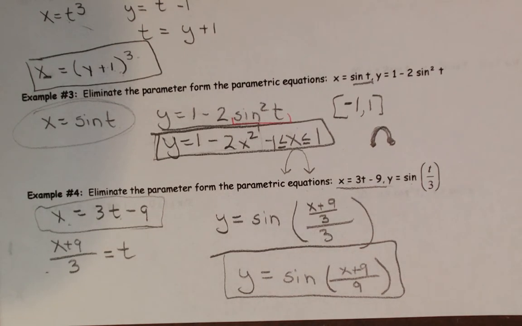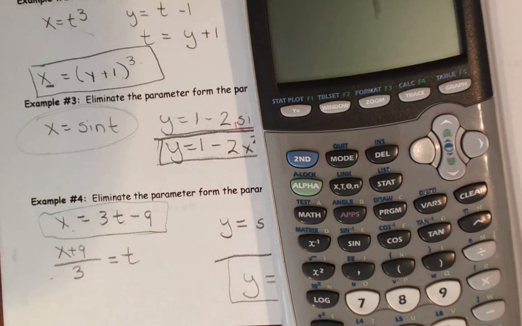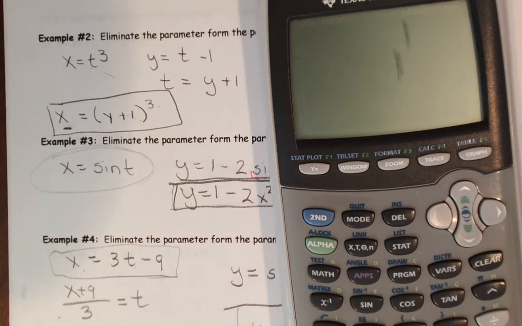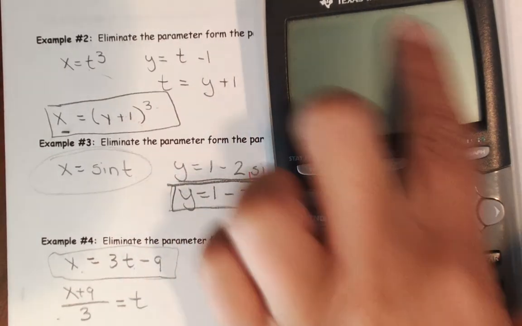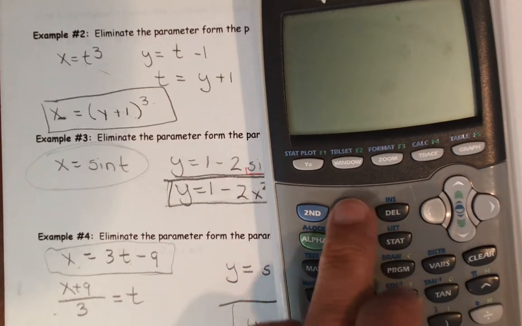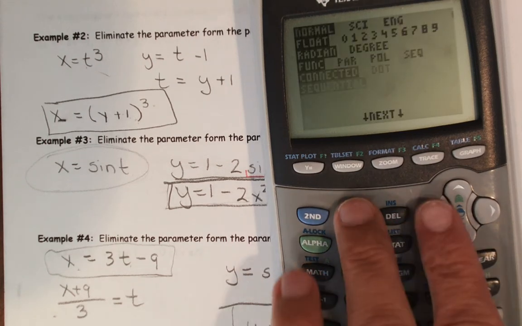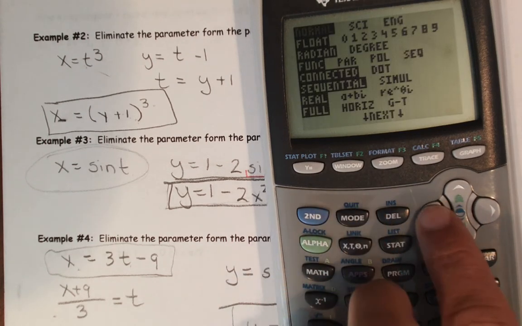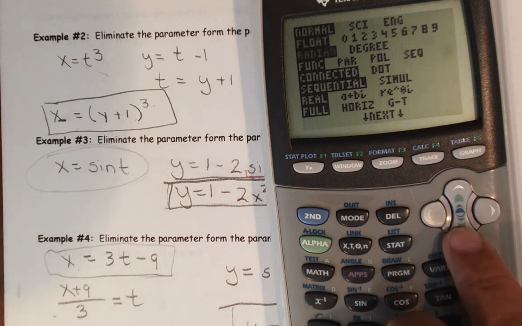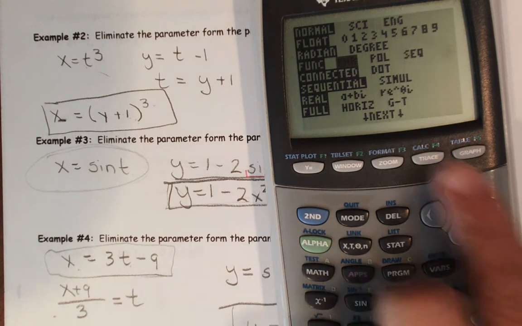All right. So that tells you how we're going to deal with parametric equations in this section. One last thing I want to note real quick is you can use your calculator to do parametric equations. If you just wanted to graph a parametric equation, you would go to mode, and notice that we have function, parametric.